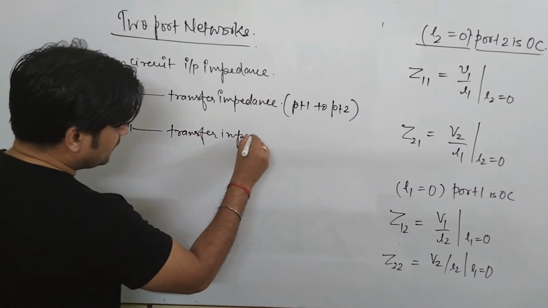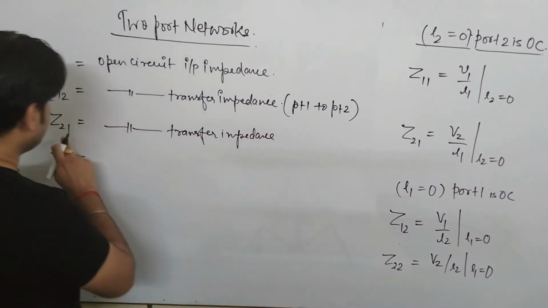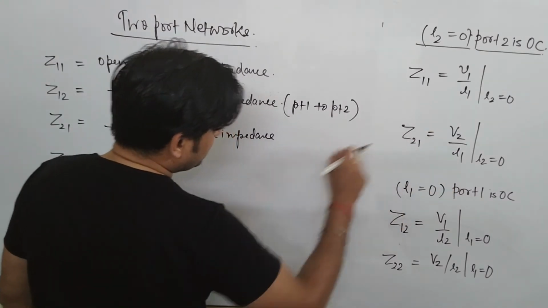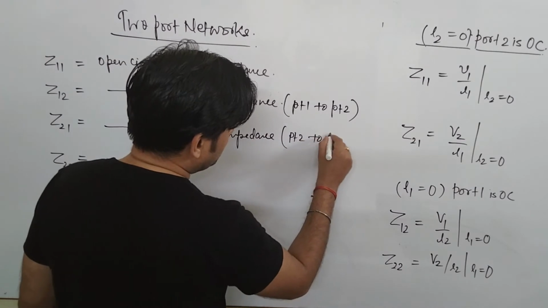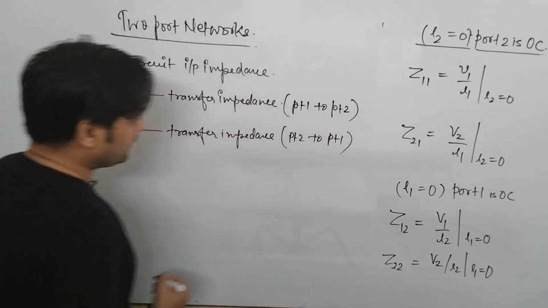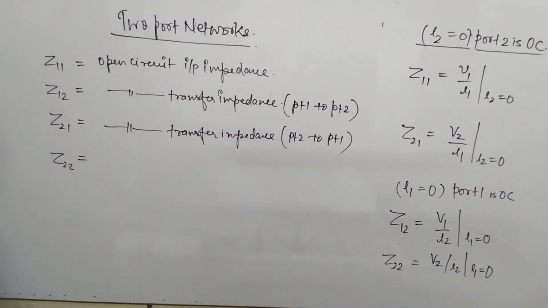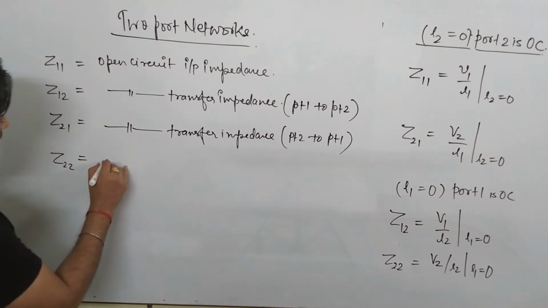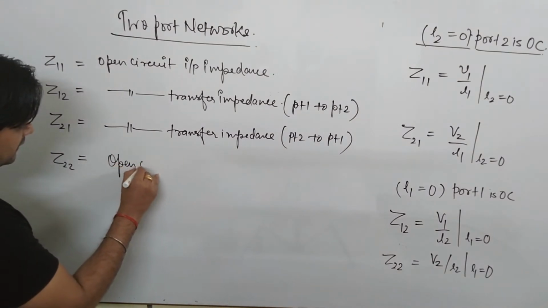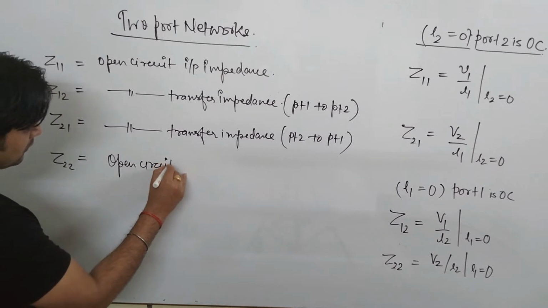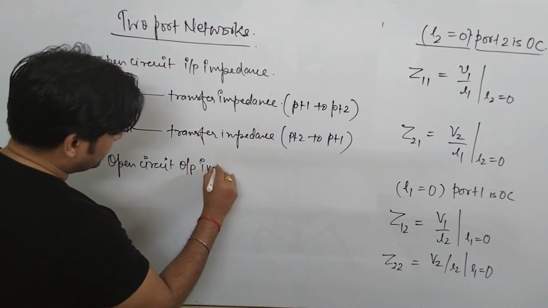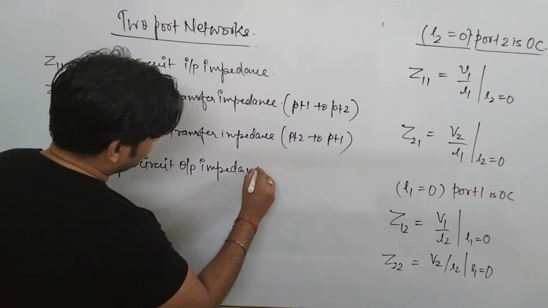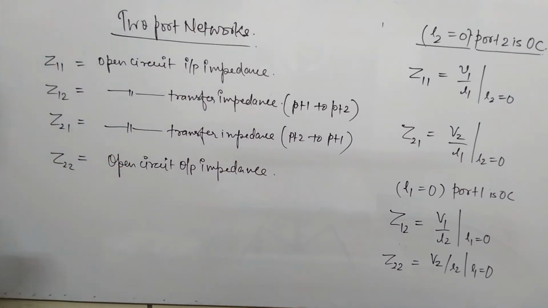Z21 is also V2 by I1, but it is from port 2 to port 1. Now if you talk about Z22, it is open circuit output impedance.